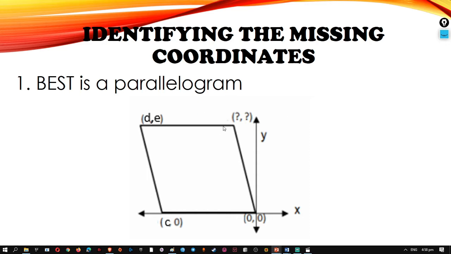So, dito, ang mga coordinates na given ay mga variables. So, kaya nito, D, comma, E, C, comma, 0, and then syempre nasa origin siya, so 0, comma, 0. So ang hinanap natin ay ito. So paano natin makukuha ang coordinates nito? Okay, so ganito po ang gagawin.